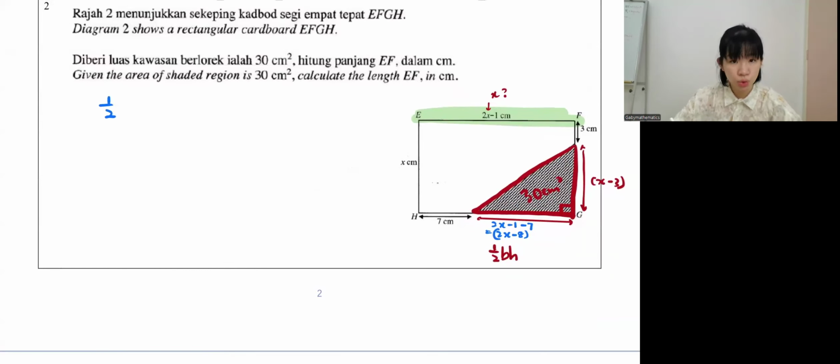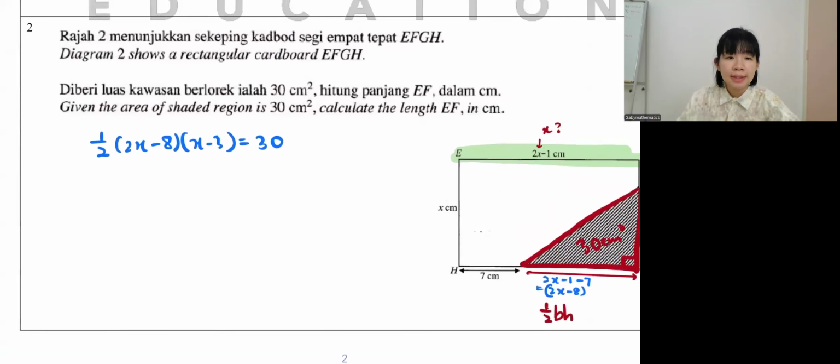So 1 over 2. Don't forget 1 over 2 because it is a rectangle. Sorry, it is a triangle. 1 over 2, the base is 2x minus 8. Then the height is x minus 3 equals to 30. Okay, to find x. Now, this 1 over 2, my suggestion is bring it to the other side, easier. If you move 1 over 2 over, it becomes times 2.